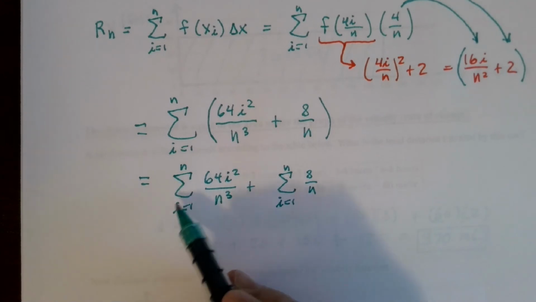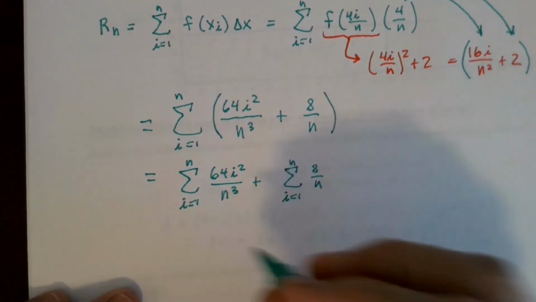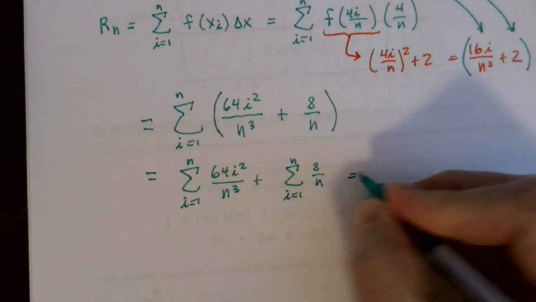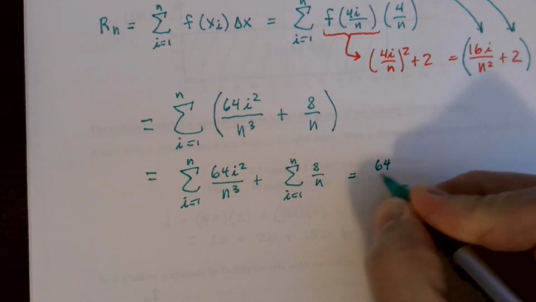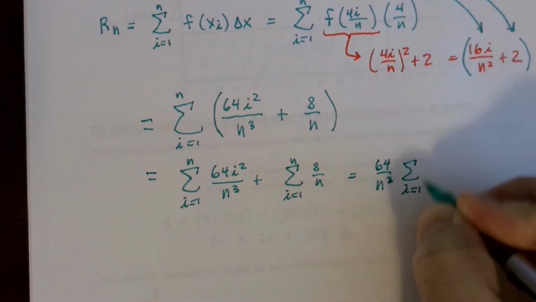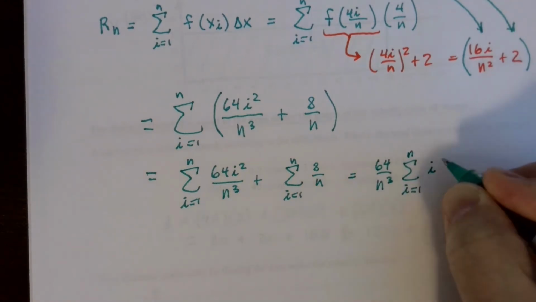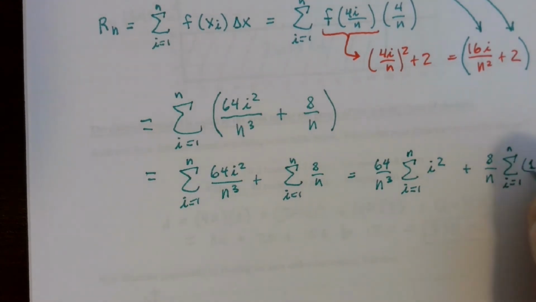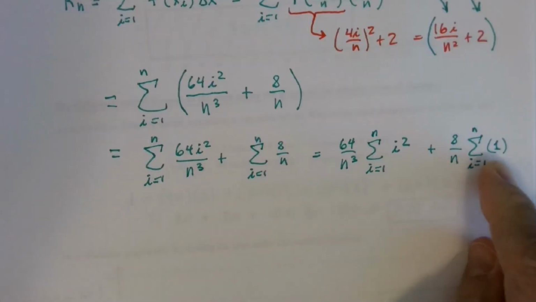Now, what do I mean by constant? Anything that doesn't involve i, right? Anything that doesn't involve i. So I can rewrite this as 64 over n cubed, a constant multiple, leaving i squared. And here I can pull out the 8 over n. What does that leave me? Just 1. This is important. 1, not 0, right? It leaves me 1.